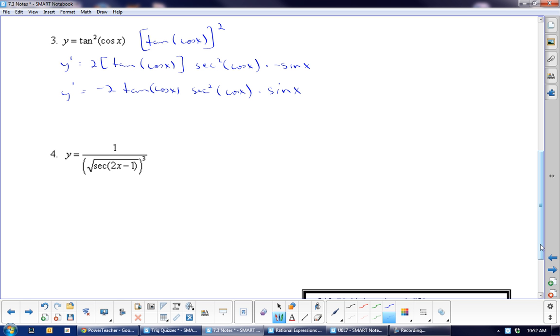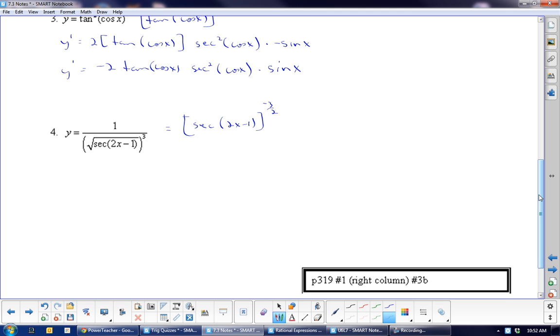Okay, now number 4, if you want to escape the quotient rule and just use the chain rule, make this secant 2x minus 1 to the negative 3 over 2. Okay, so then it's kind of similar to number 3. So y prime, we'll get negative 3 over 2 out front, secant 2x minus 1.